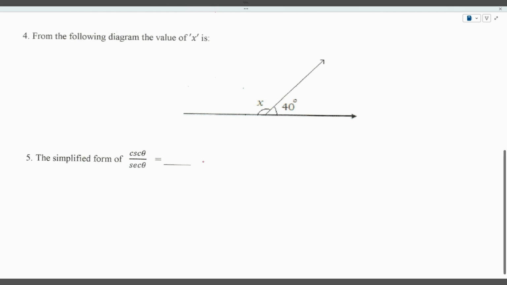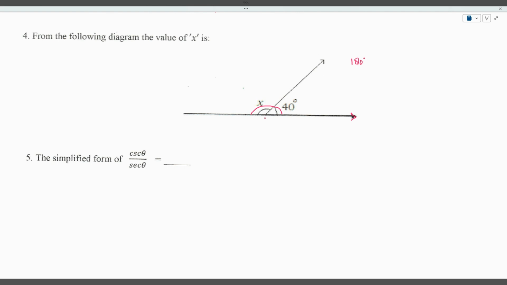As you can see, the question is: from the following diagram, find the value of x. You know that this is a straight line and this angle is a straight angle, and the value of a straight angle is 180 degrees.